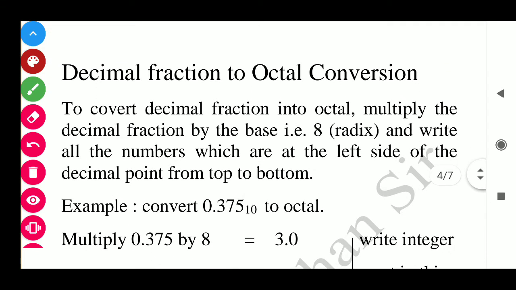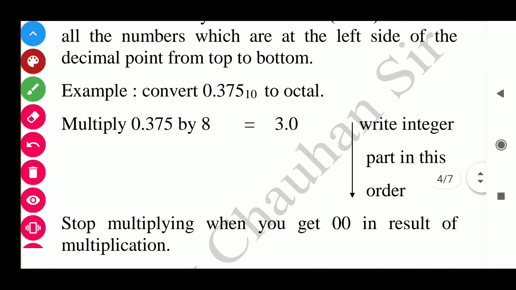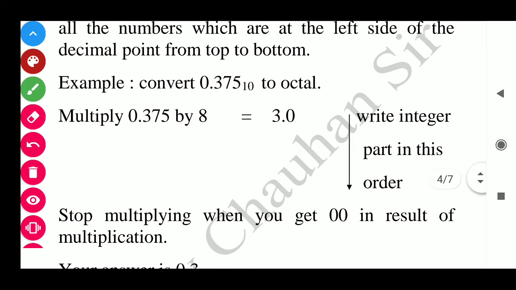Now decimal fraction to octal conversion, just try to understand. To convert a decimal fraction to octal, multiply the decimal fraction by the base, that is 8, the radix, and write all the numbers which are at the left side of the decimal point from top to bottom. For example, convert 0.375 base 10 to octal. This is a fractional decimal. So multiply by 8, the answer will come 3.